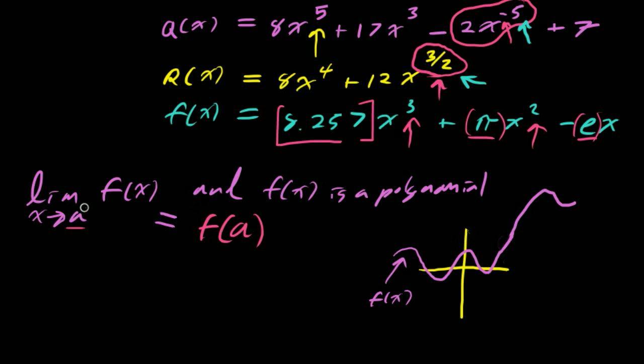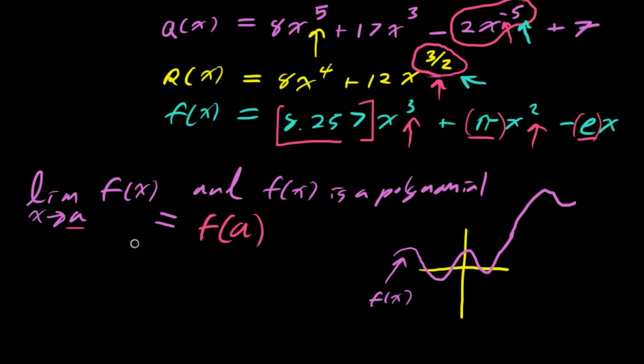So if we're taking the limit of some function f of x, and we know that f of x is a polynomial, then it's really easy to take that limit. We can just plug whatever value we're approaching into that function.